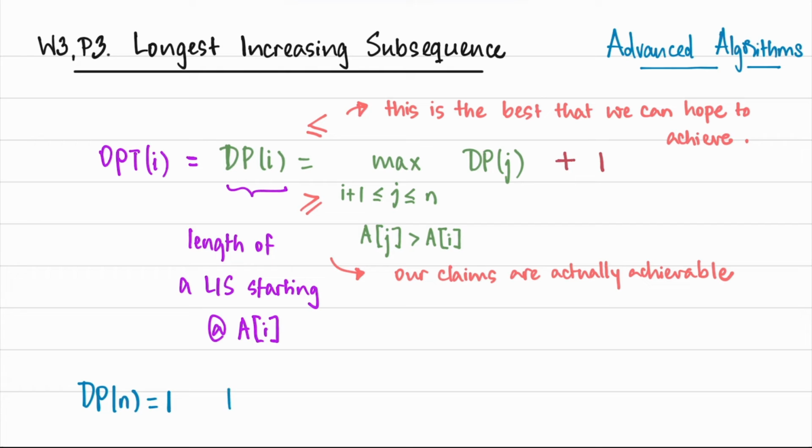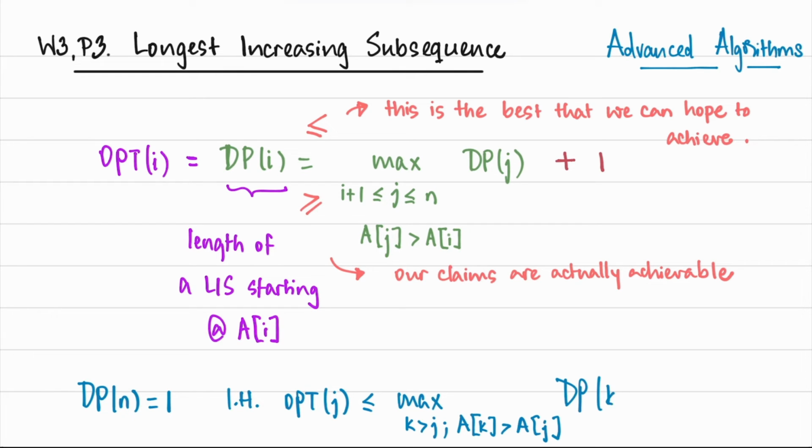And as the induction hypothesis, I'm going to assume that opt of j is at most, let's say, max of k bigger than j such that a of k is bigger than a of j, dp of k plus 1.